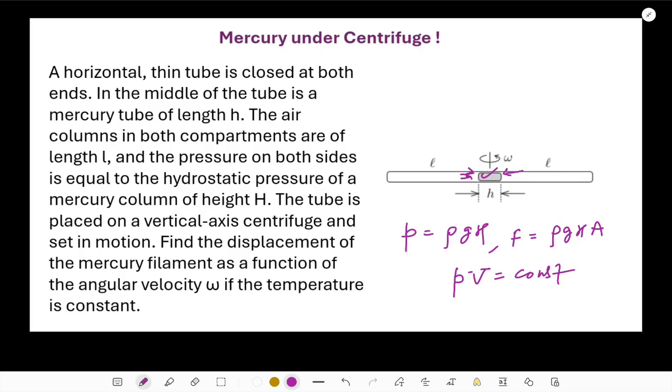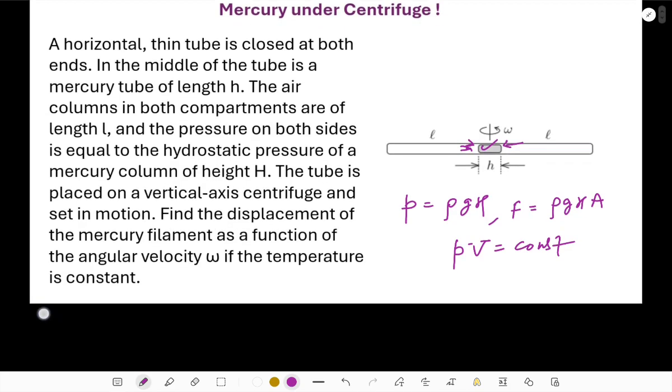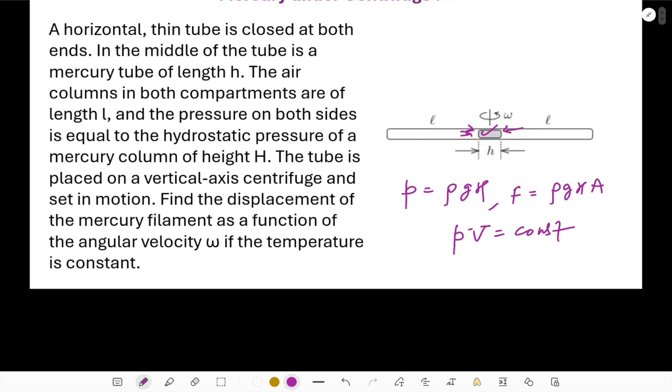So now in the second stage, this thin tube is placed in the centrifuge and rotated at a slowly increasing speed.